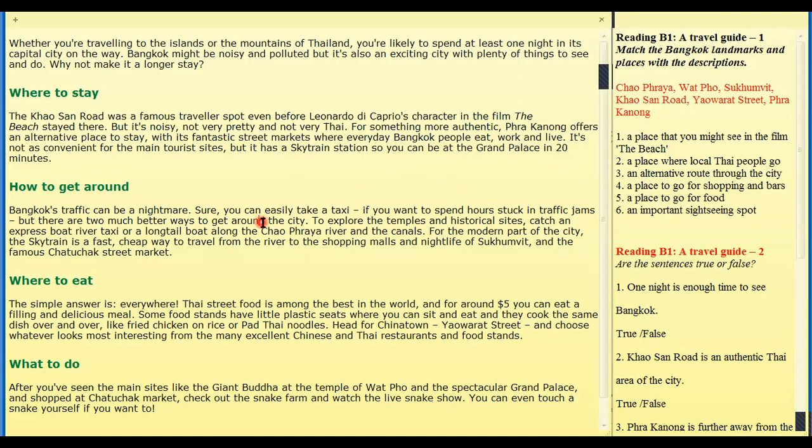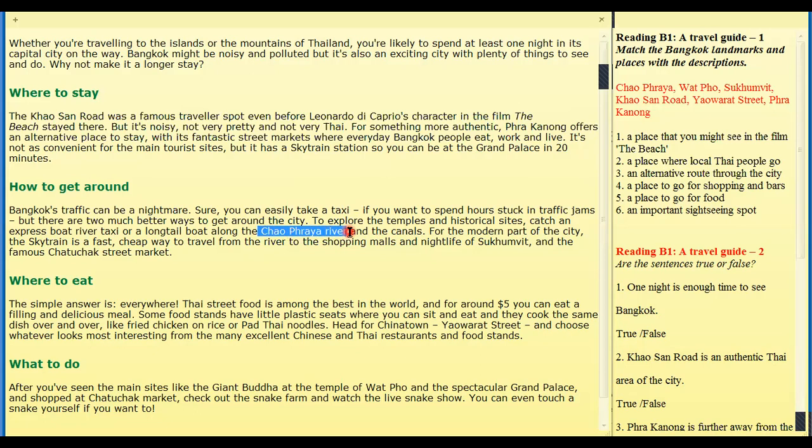So in this case, the answer for this question is Chao Phraya River. Why Chao Phraya River is the answer for question 3. In this text, when you go through the city, you go by taxi, and they said when you go to taxi, you will be stuck in a traffic jam.